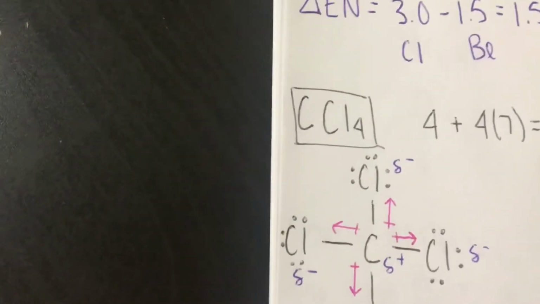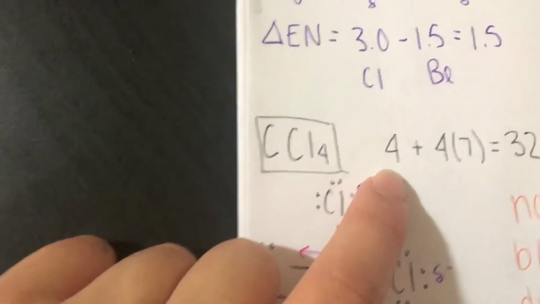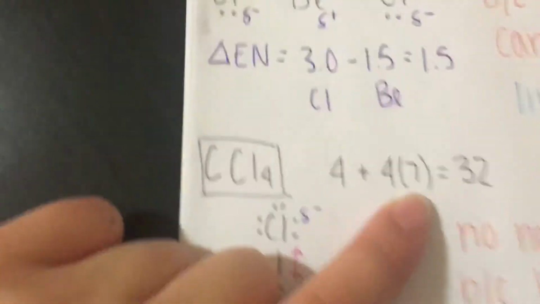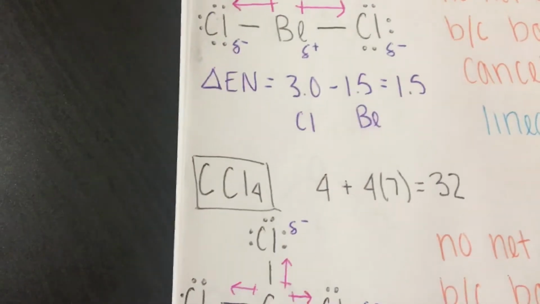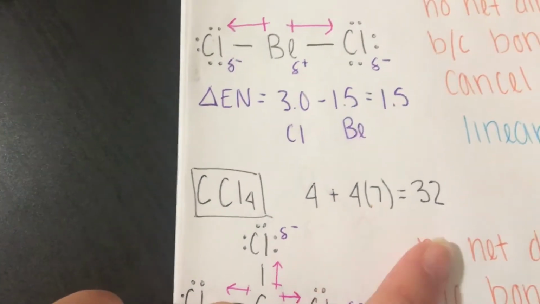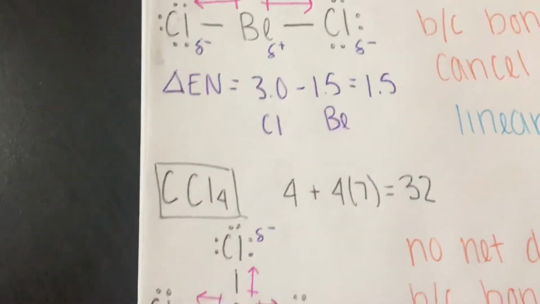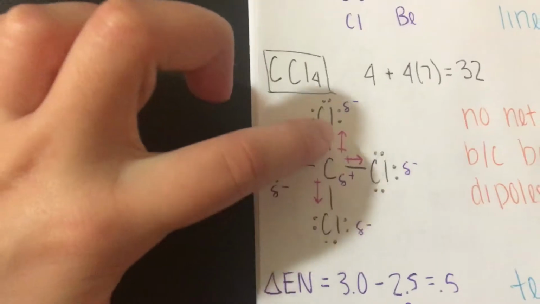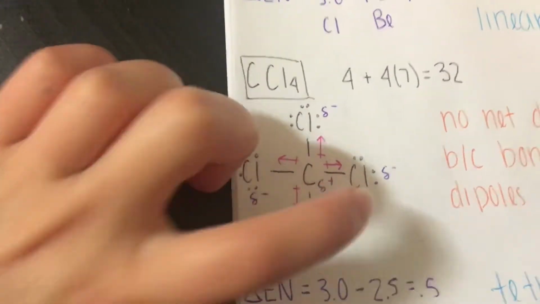So then the next molecule is CCl4, and carbon has 4 valence electrons, and chlorine has 7. And since there are 4 chlorines, you have to multiply it by 4, and when you add it together, you get 32 valence electrons. So carbon goes in the center, and there's a chlorine on each side of it.